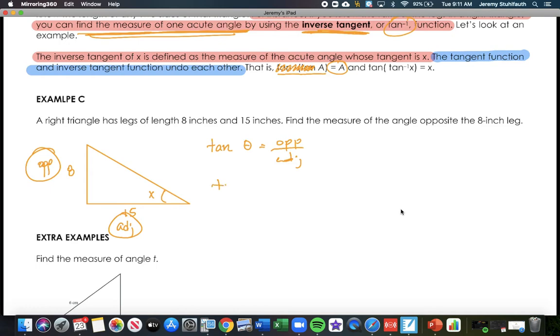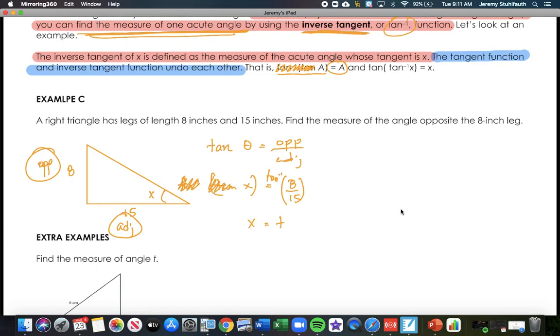So tangent of x is equal to 8 over 15. And you'll see we want to find out what our angle is. So to do that, we take the inverse tangent of both sides. The inverse tangent and the tangent function cancel each other out, leaving you with your angle measurement.